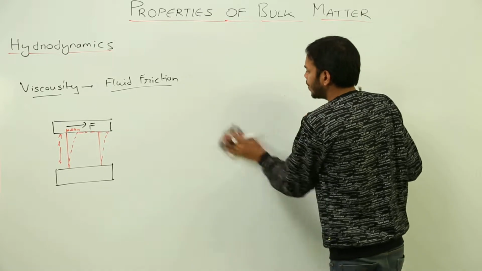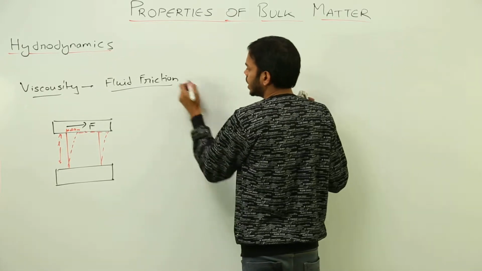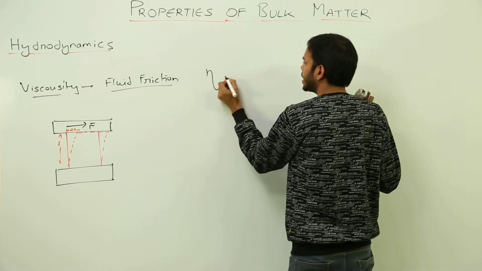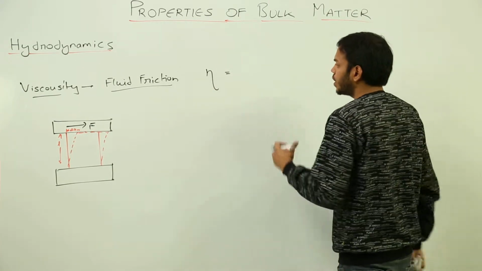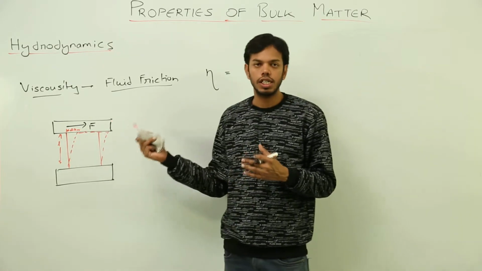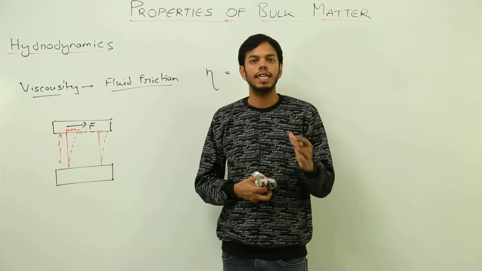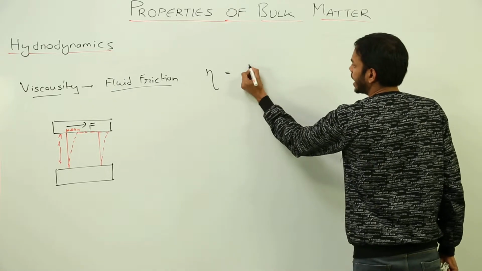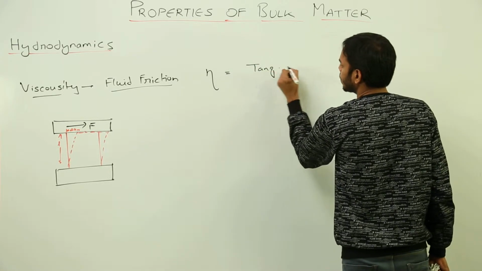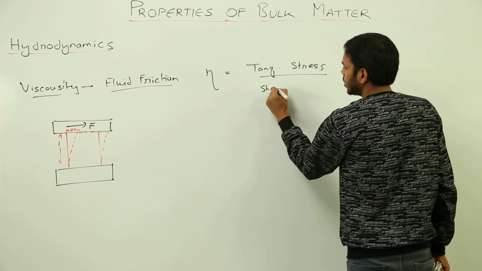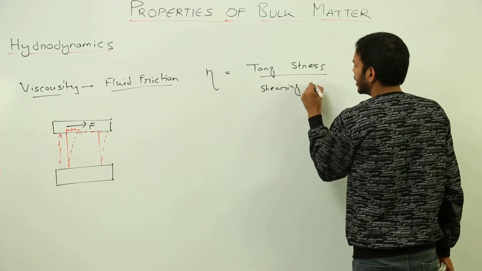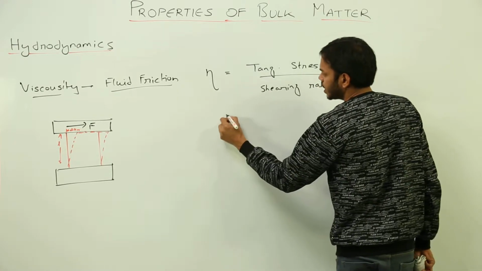So according to definition, viscosity is represented by this eta. Viscosity is the ratio of stress, that is tangential stress, to the shearing rate, what we just described.